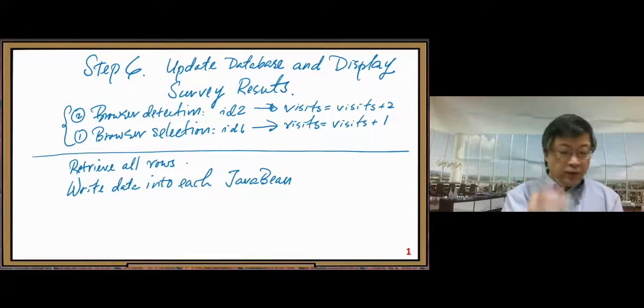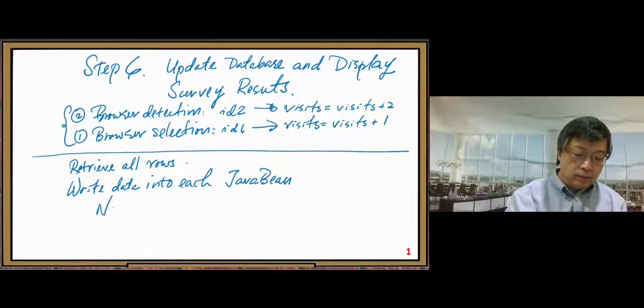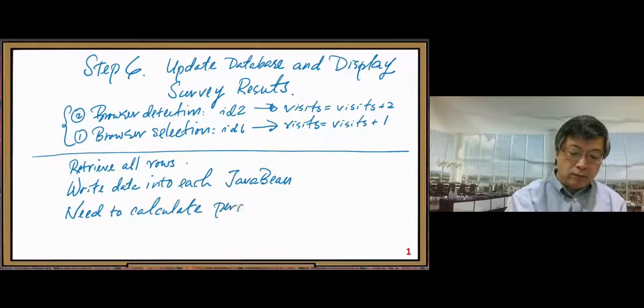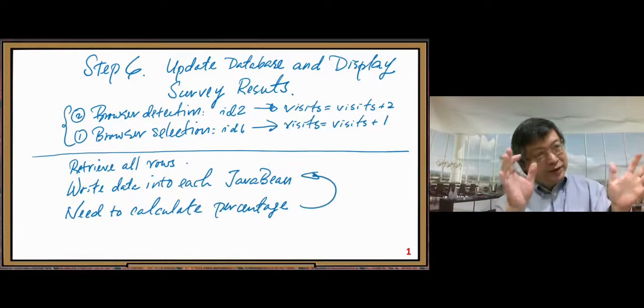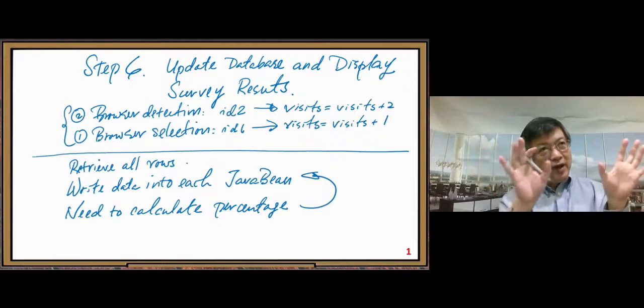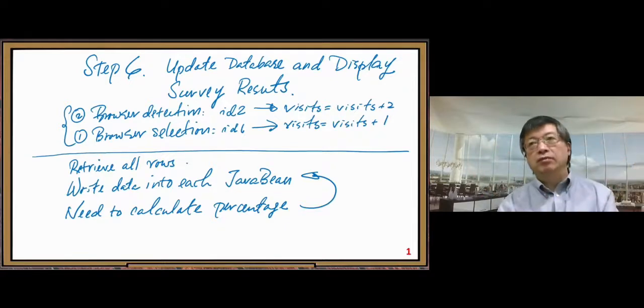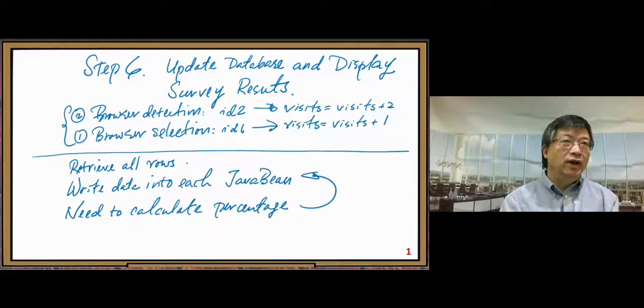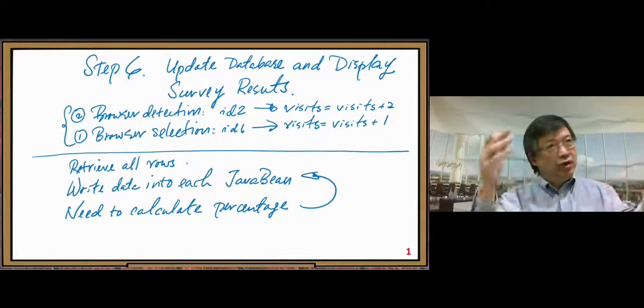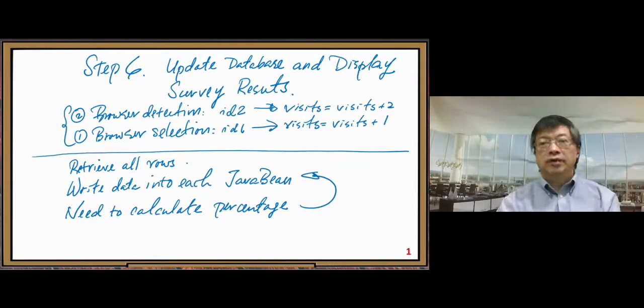But we need to calculate percentage for each Java Bean. Do calculation, format to 2 digits. That part we just copy from animal survey. Then that's done. Store, send to front end display.